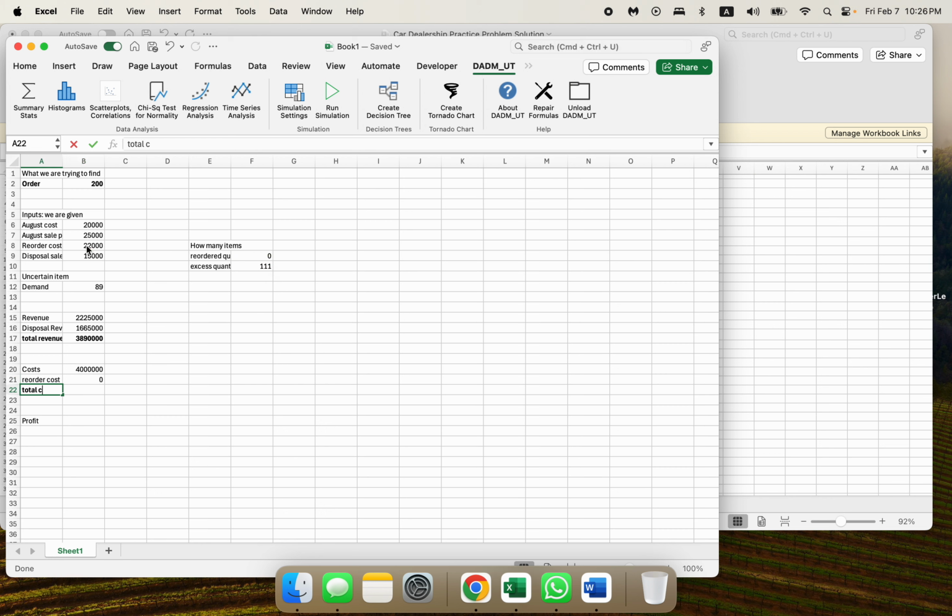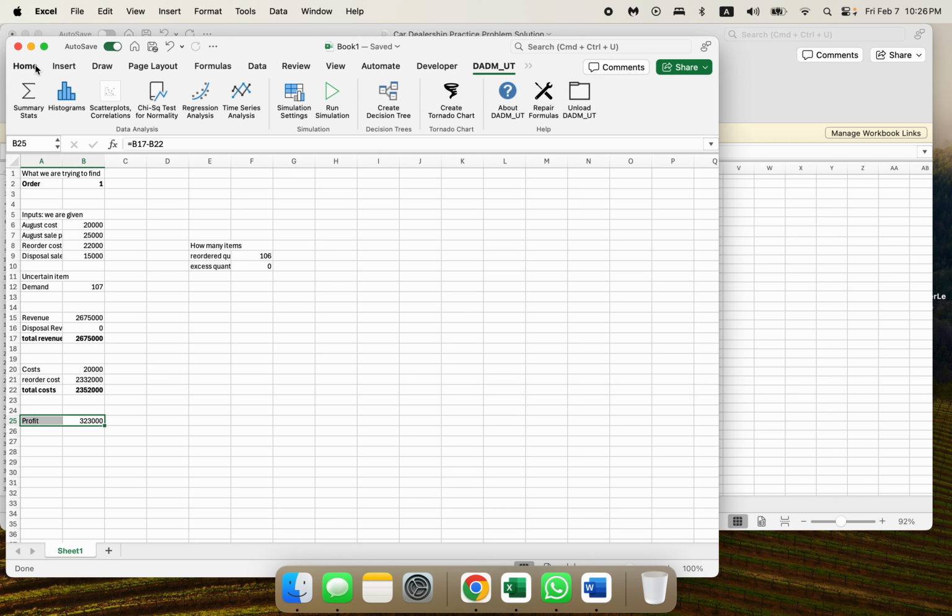Your total costs equal the sum of these two. If you have no reorder, it'll be 0, because you ordered more. But say it's 1, you have to reorder 75, so then you have that. Then profit is just your total revenue minus your total cost.